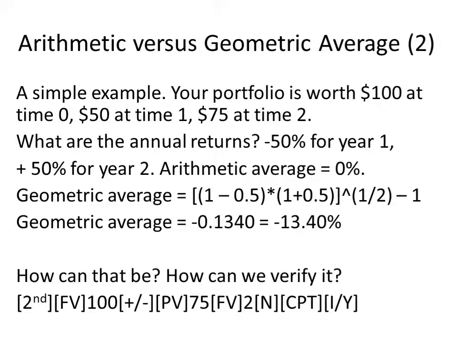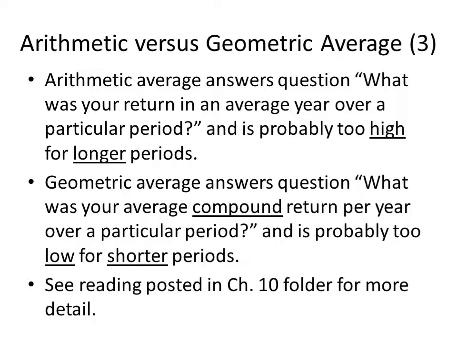So the question arises, when do I use arithmetic and when do I use geometric? So which average you use depends on what question you're trying to answer. The arithmetic average answers this question. What was your return in an average year over a particular period?